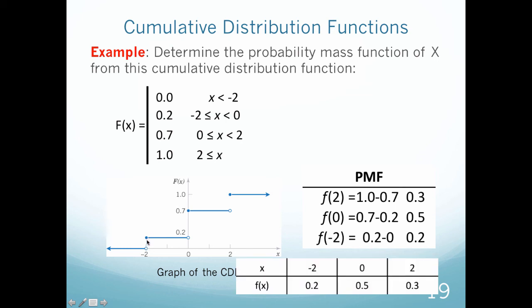Okay, so to write this in a formal probability distribution way would look like this. My x values are -2, 0, and 2. Y values or probability values of 0.2, 0.5, and 0.3. Okay, so that's how we would do the opposite. So given a cumulative distribution function, how we would come up with a probability distribution function. So that's it for this section so far.